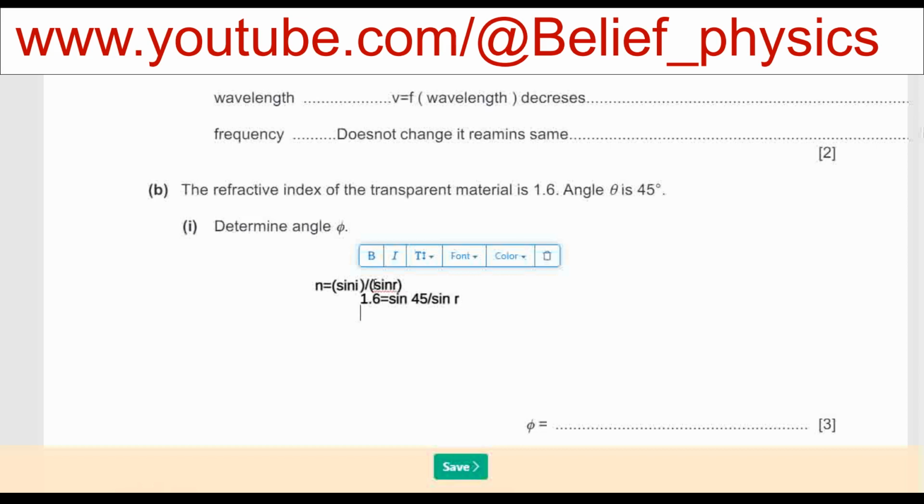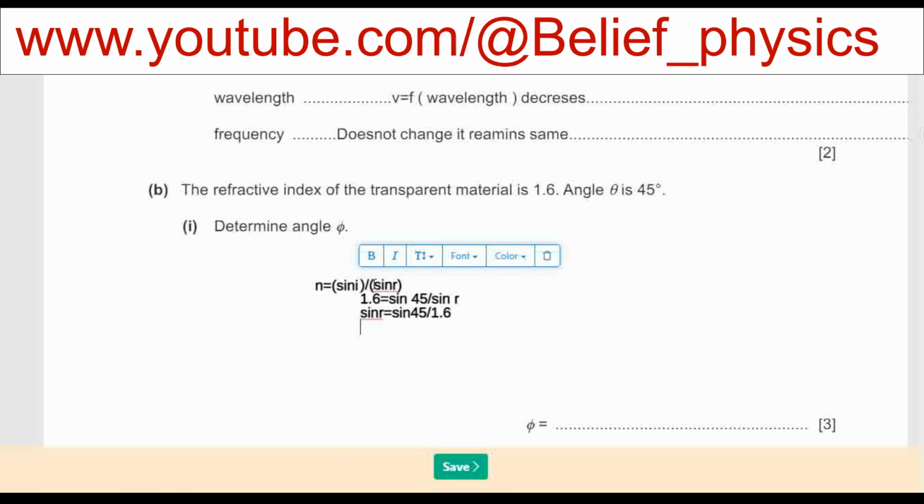If we cross multiply we get sine r is equal to sine 45 divided by 1.6. If we solve it, sine 45 is 0.707.